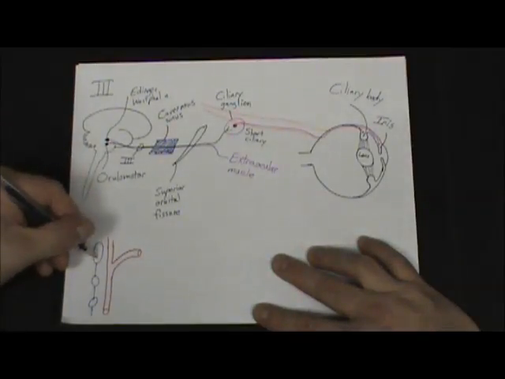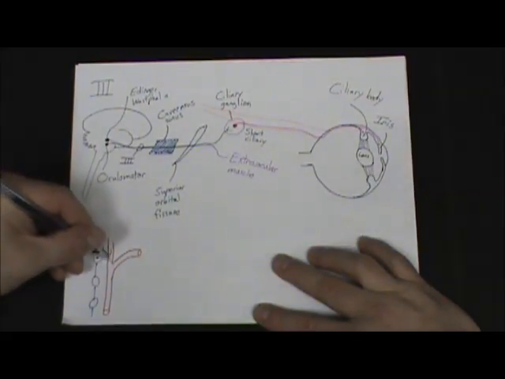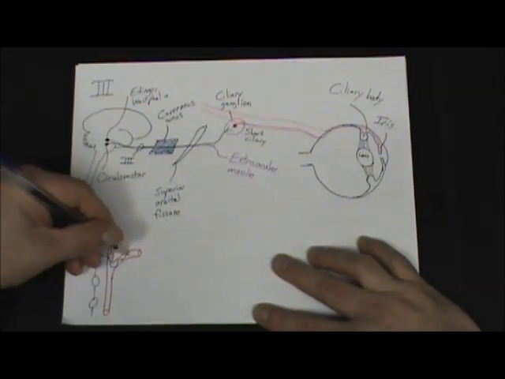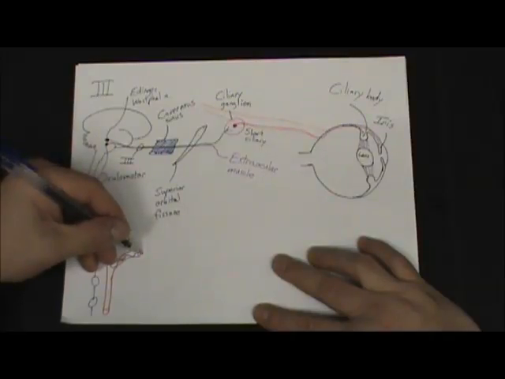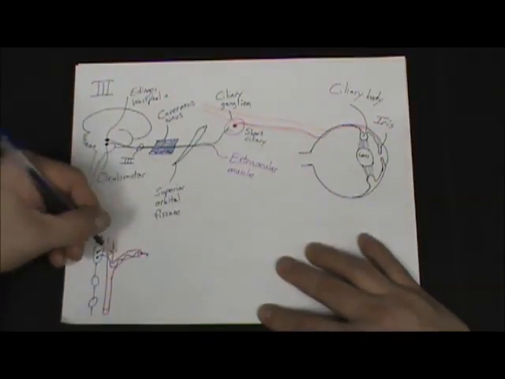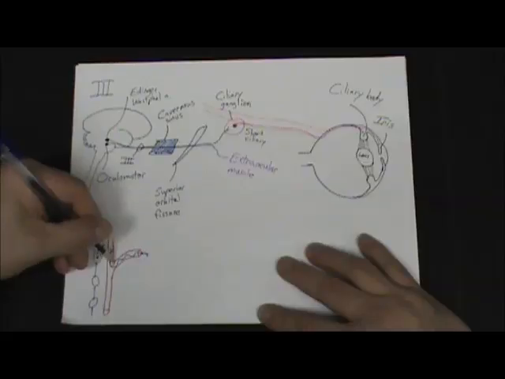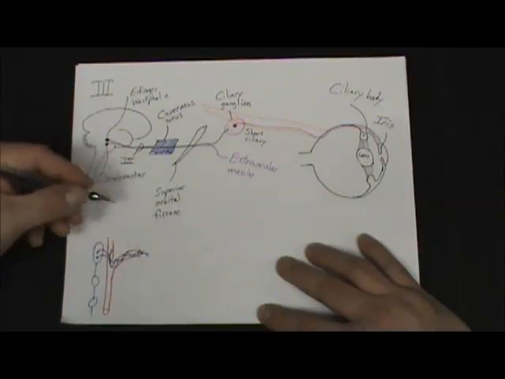So keep in mind we've got a lot of sympathetic cells forming a big network, a big plexus across all of these, getting to various structures through that carotid plexus.